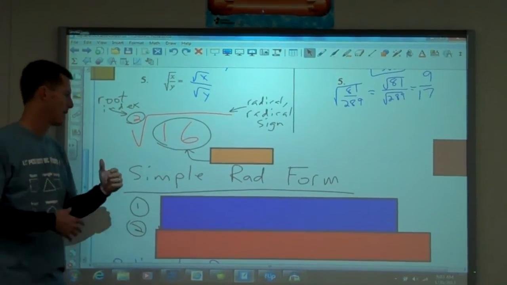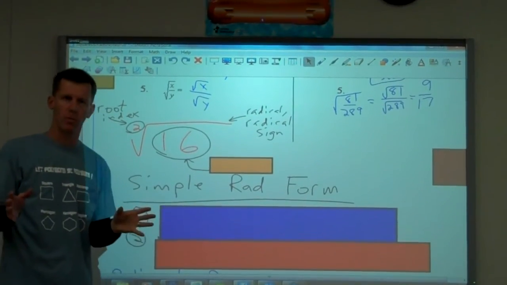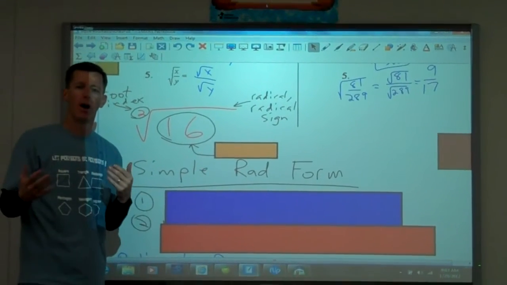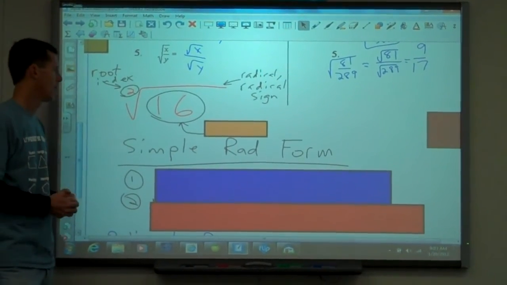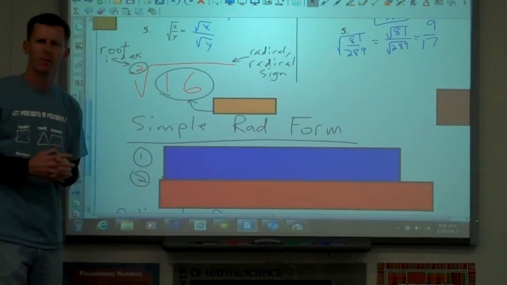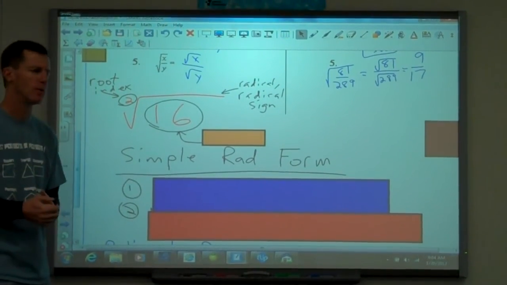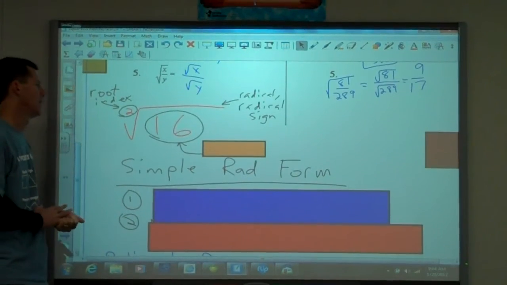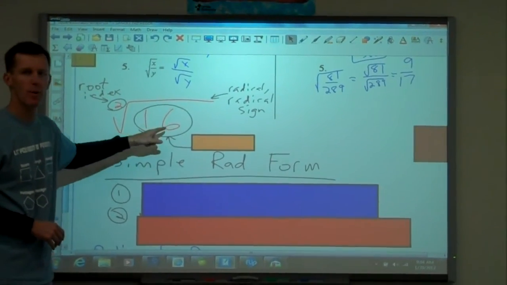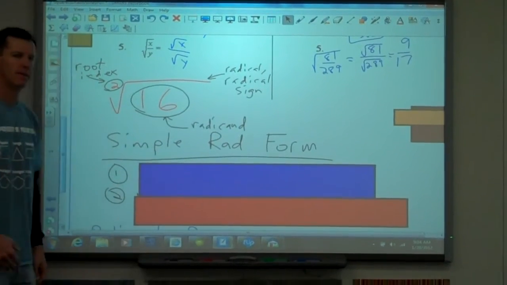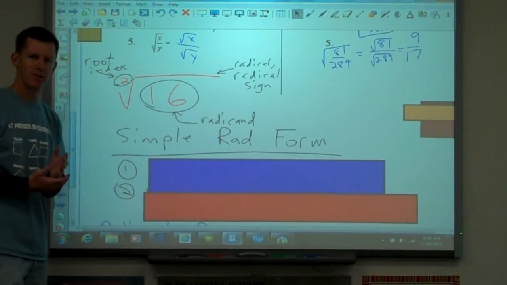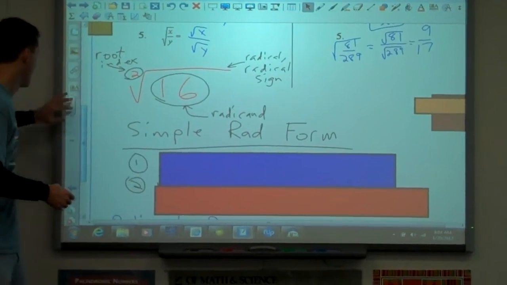The root index in all situations that we'll deal with in honors geometry, we can just assume it's 2, that we're taking the square root. But I think last year we talked about cube root and how we could do that, or a fourth root, a quartic root, and so forth. This number under here is called the radicand. Hopefully this is all very familiar to you because you had such a wonderful Algebra AB teacher.